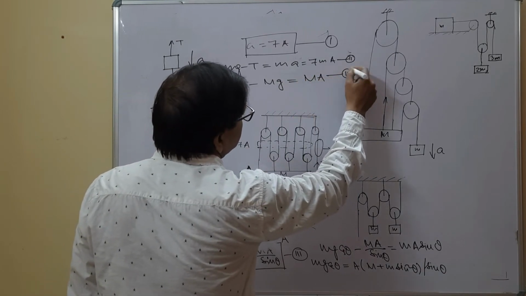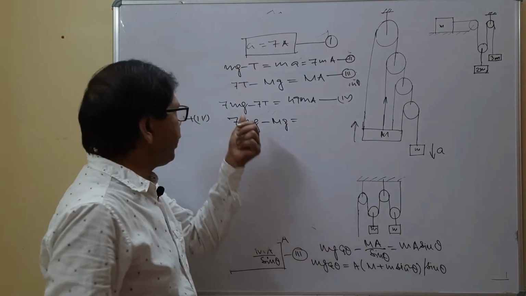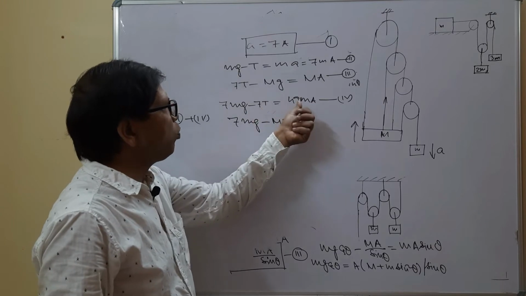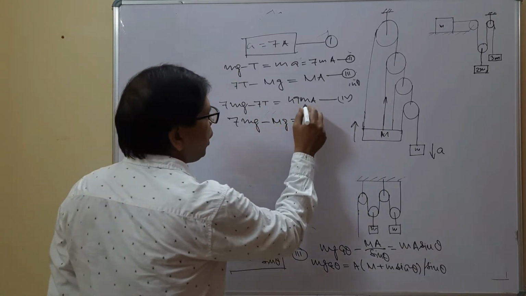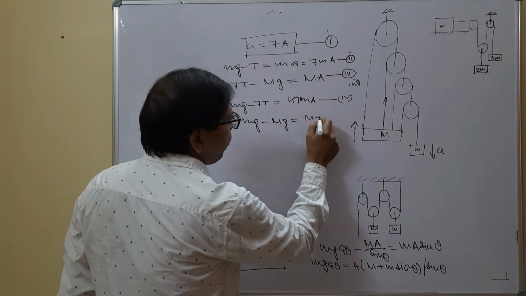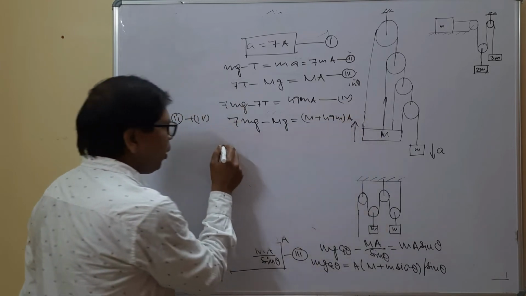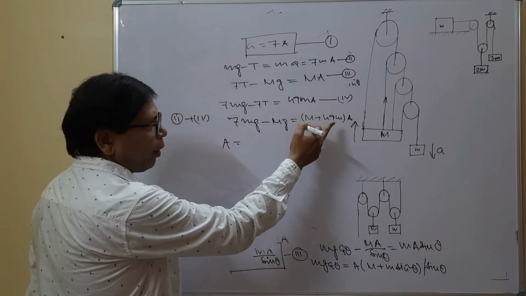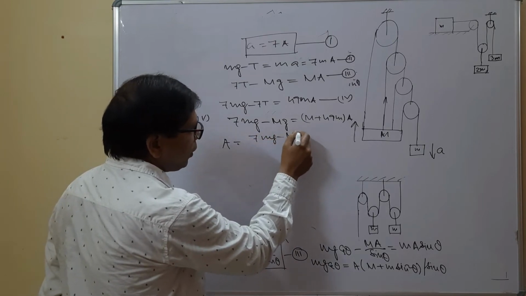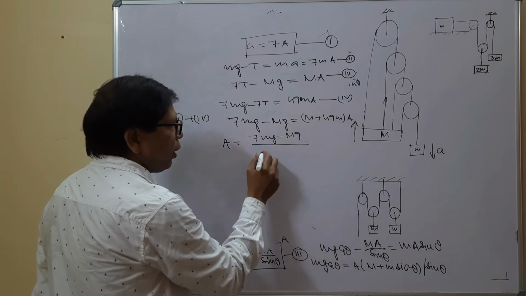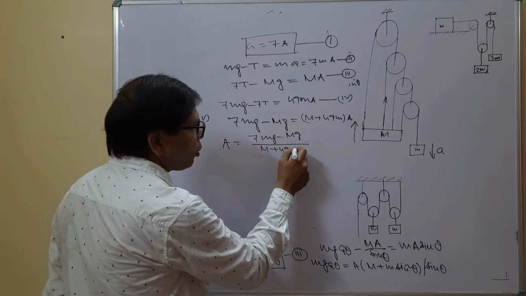This is equation 3. Okay, if we multiply equation 2 by 7, we get 7mg minus 7T equal to 49 ma. Now adding 2 plus 3, we get (7m plus capital M) g equals (M plus 49m) into A. Therefore capital A equals (7m minus capital M) g, whole divided by capital M plus 49 small m.